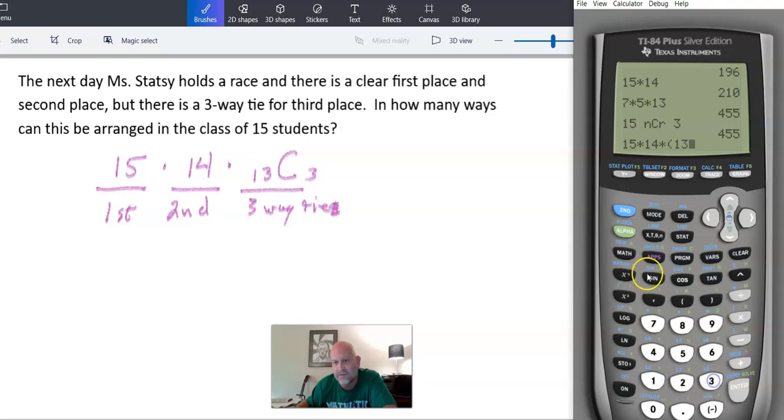We have 13 students left, and we go math, probability, combination, 3, and close our parentheses, and we get 60,060.